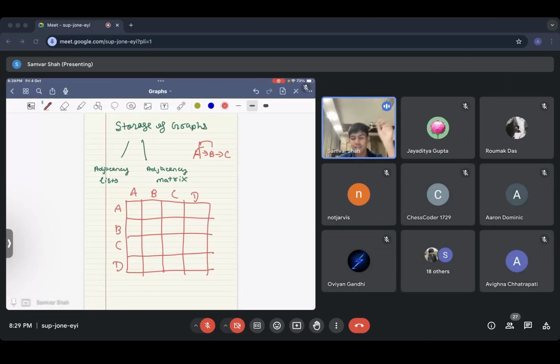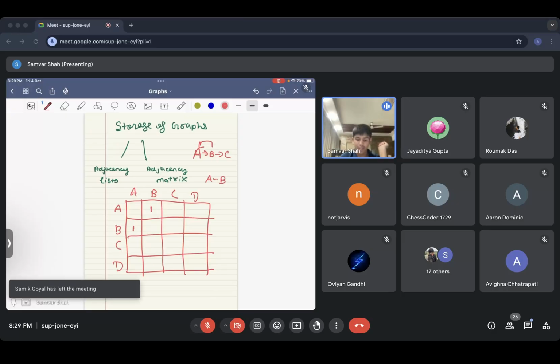So when you say a is adjacent to b, it means a and b share an edge. So if you had a to b, then let's just keep it unidirectional for now to make it slightly simpler. If you have a to b, then this would be 1 and this would be 1.